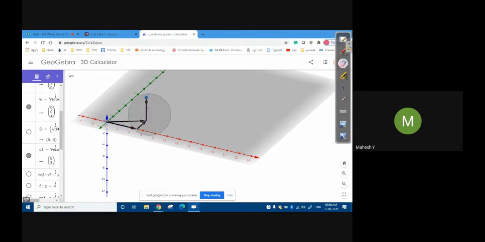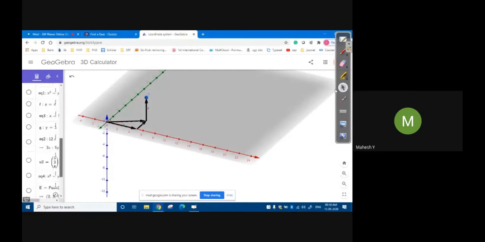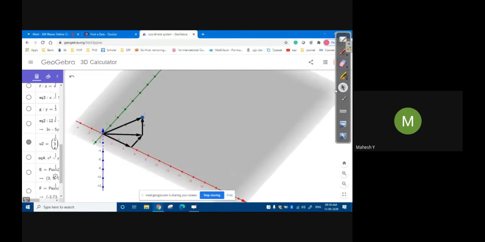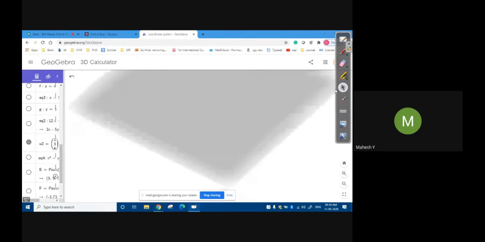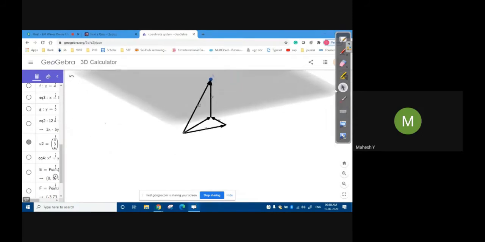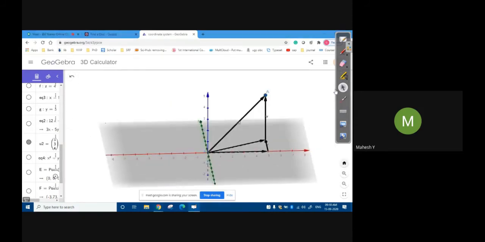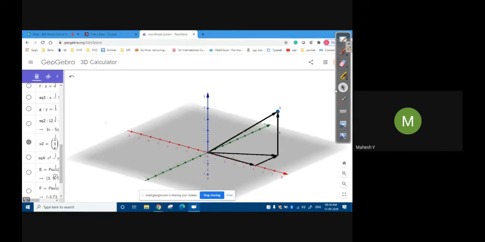The third method we have seen is, instead of moving like this, you can directly reach the point, right? If I have to directly reach that point, I need two angles.